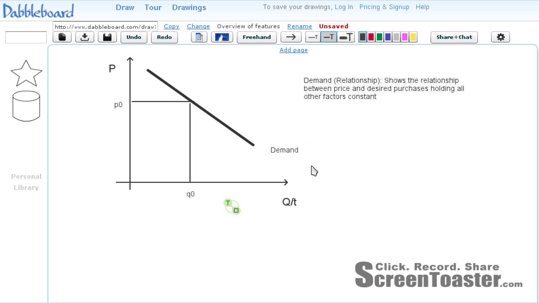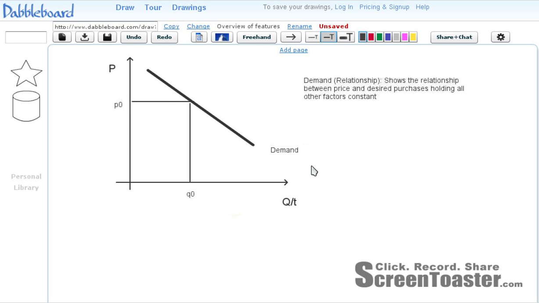Basically what happens is that you have this giant demand relationship right here, and if somebody gives you a price, you can bump on over to the relationship, this line, head on down, and what you'll get from each individual price is going to be the quantity demanded, the desired purchases. That's why they're just a little bit different from each other.